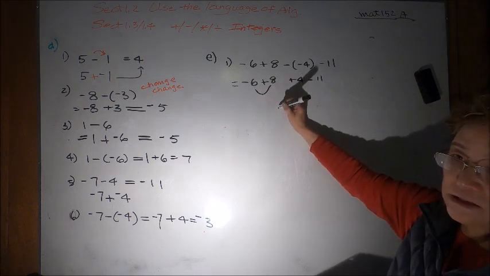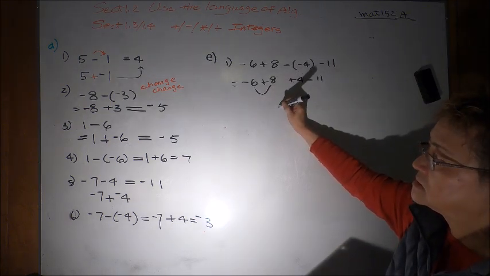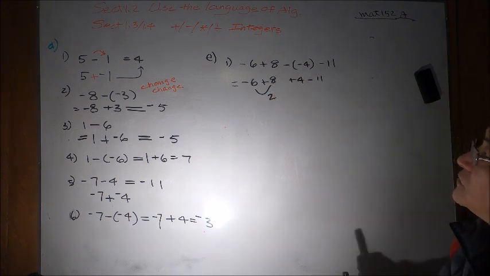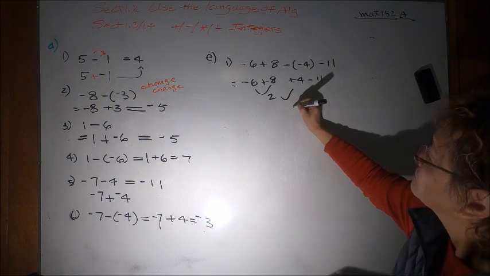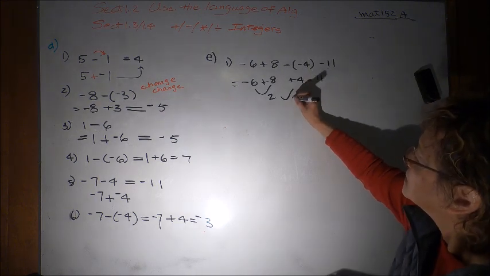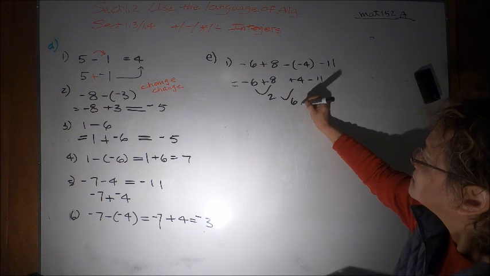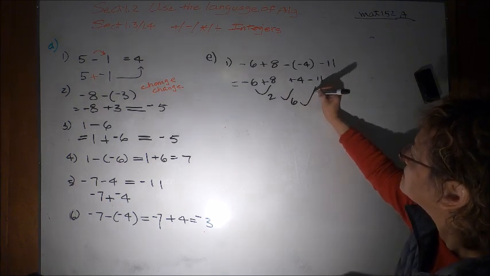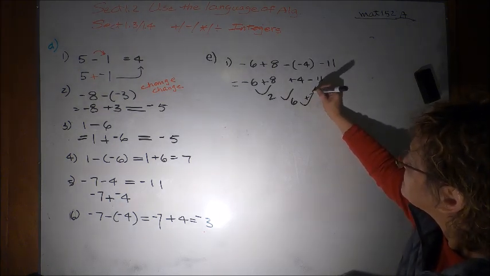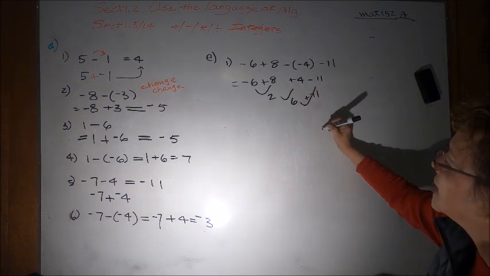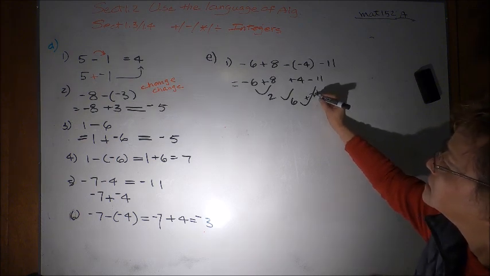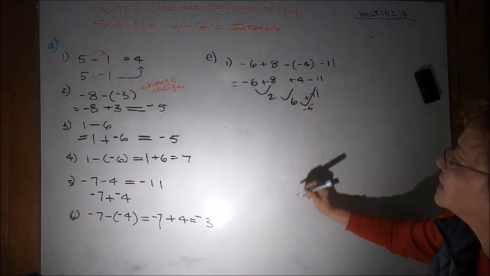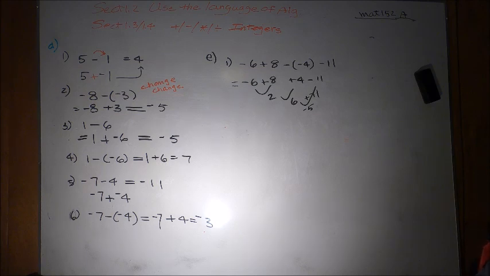Negative 6 plus 8, difference, positive, big number, 2. 2 plus 4 is 6, right? Then 6 minus 11 means plus negative 11, which would be difference, negative 5. Got it? So negative 5 is your answer.